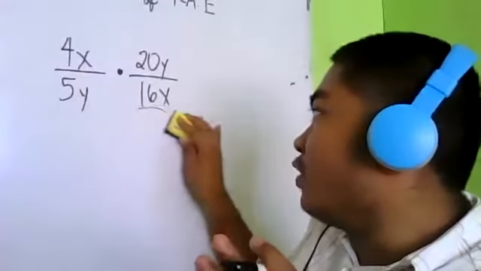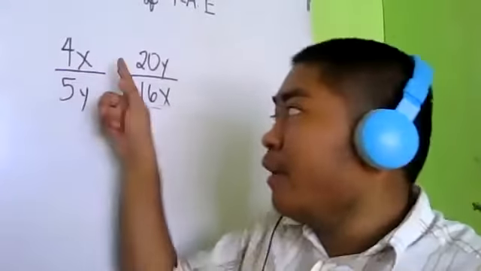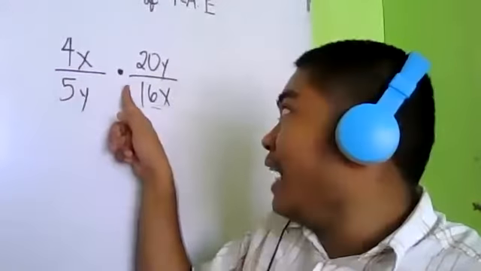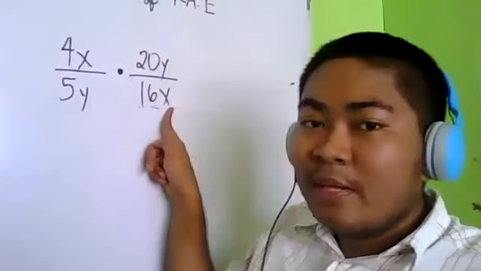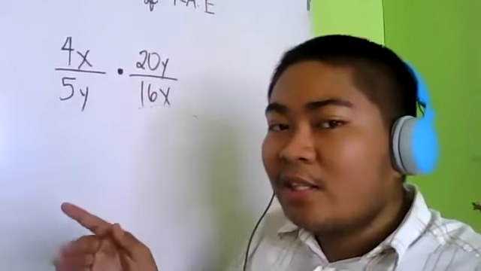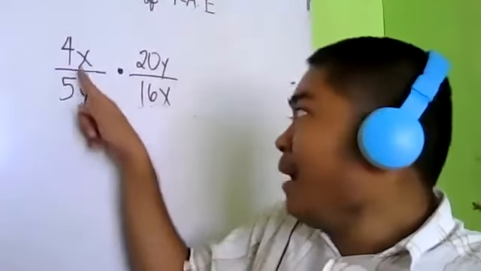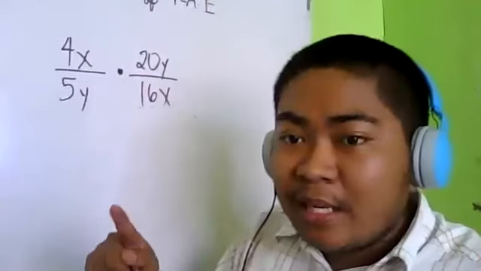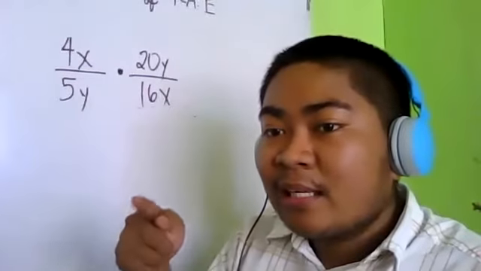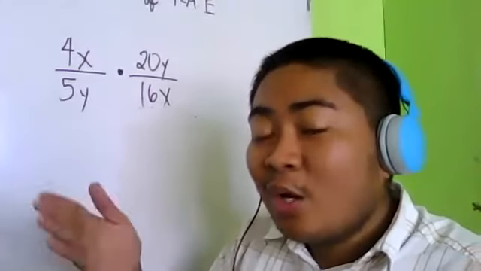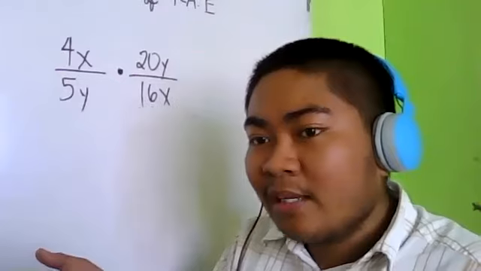So, we have a rational algebraic expression, 4x over 5y times 20y over 16x. Ang gagawin natin dito, kapag magkaparehas sila ng variable, pwede mo siyang i-lowest term. Okay?